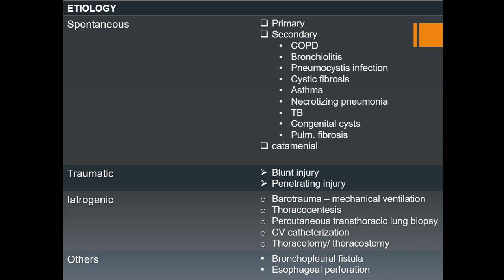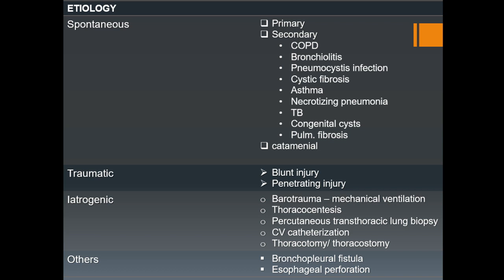Secondary is also spontaneous, without any trauma or iatrogenic or other causes. It is due to COPD, chronic obstructive pulmonary disease, or bronchiolitis, which occurs more in the pediatric age. In pediatric age, we can see bronchiolitis lead to pneumothorax, or maybe pneumocystic infection.